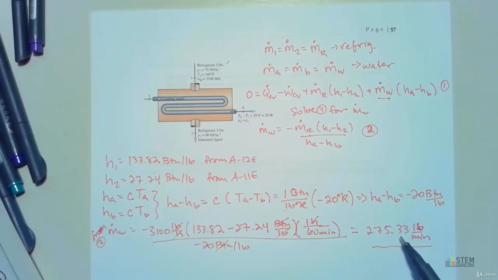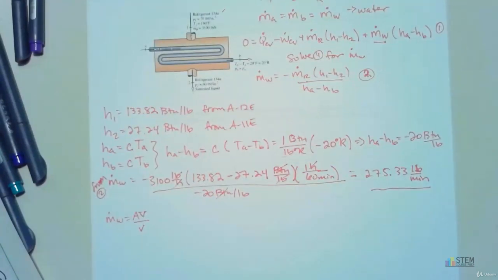We know this has to equal volumetric flow rate for the water over the specific volume. Now let's go ahead and find volumetric flow rate.